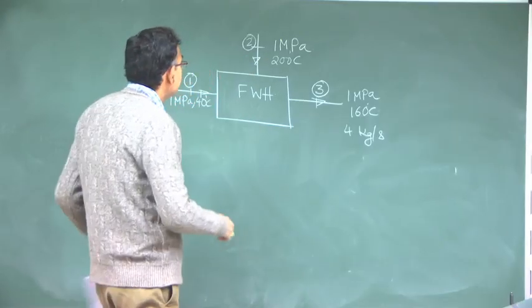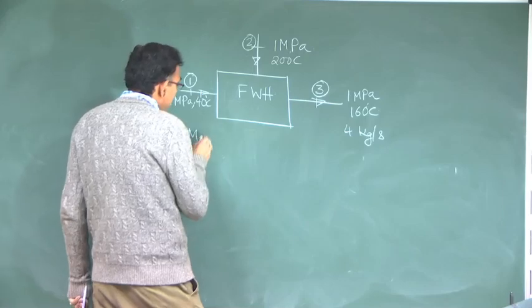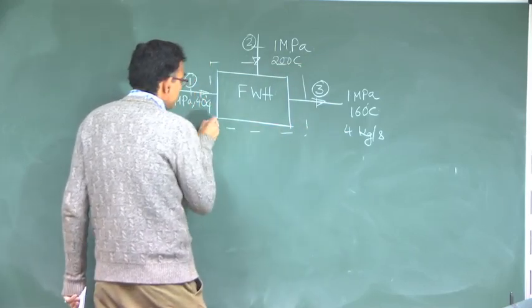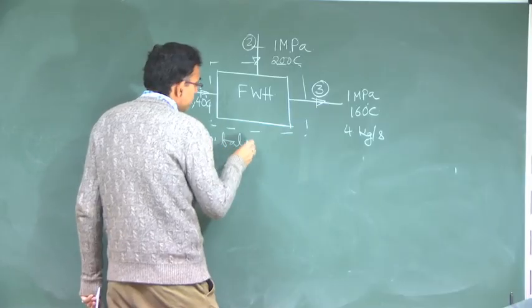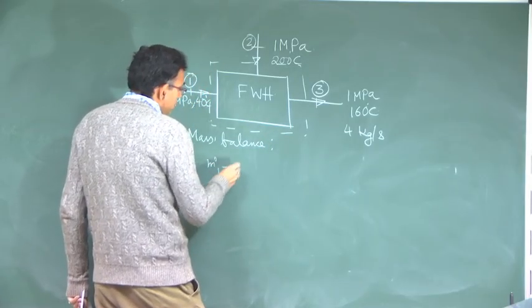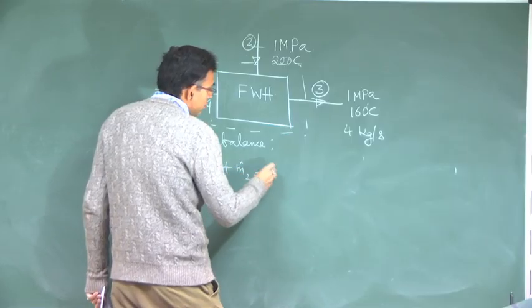How can we do that? First you apply the mass balance. This is our control volume. Mass balance: m dot 1 plus m dot 2 is equal to m dot 3.